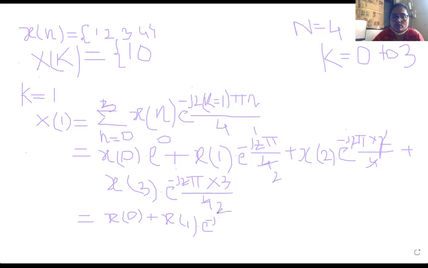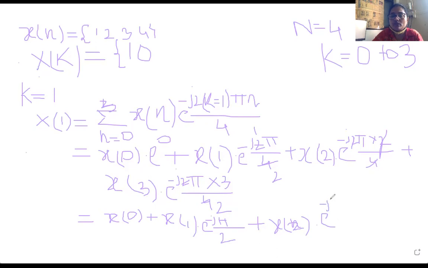Plus the next value is x of 2 multiplied by e raised to minus j pi.